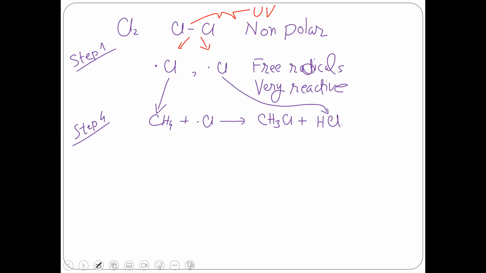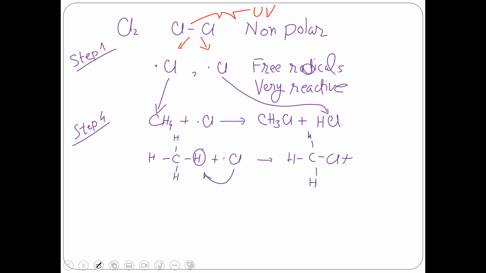So what happened here? I show you the process in bonding style. This is the methane structure, and we have two chlorine radicals. One radical removes the hydrogen and sits in place of it. The hydrogen is removed and one chlorine takes up its place.